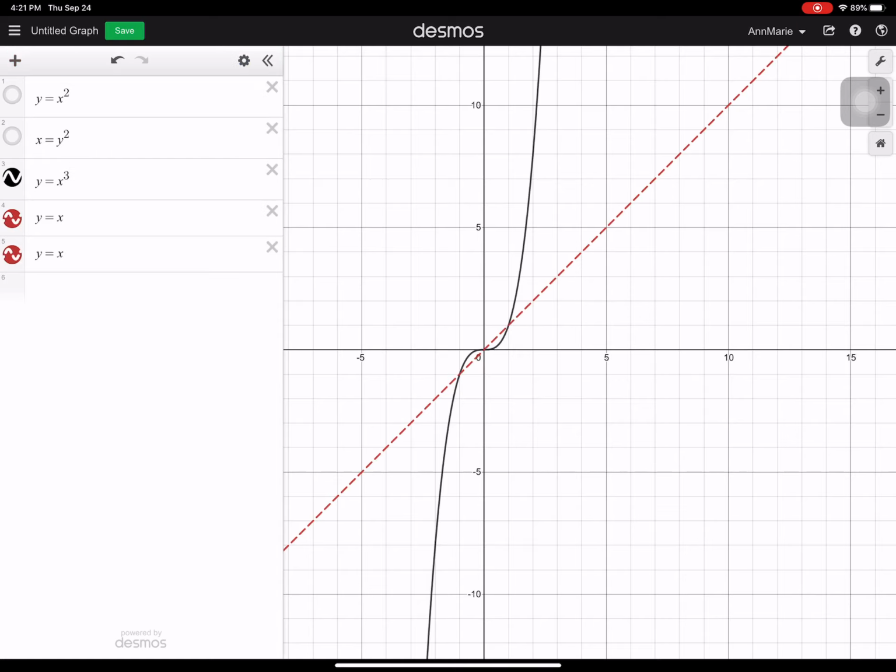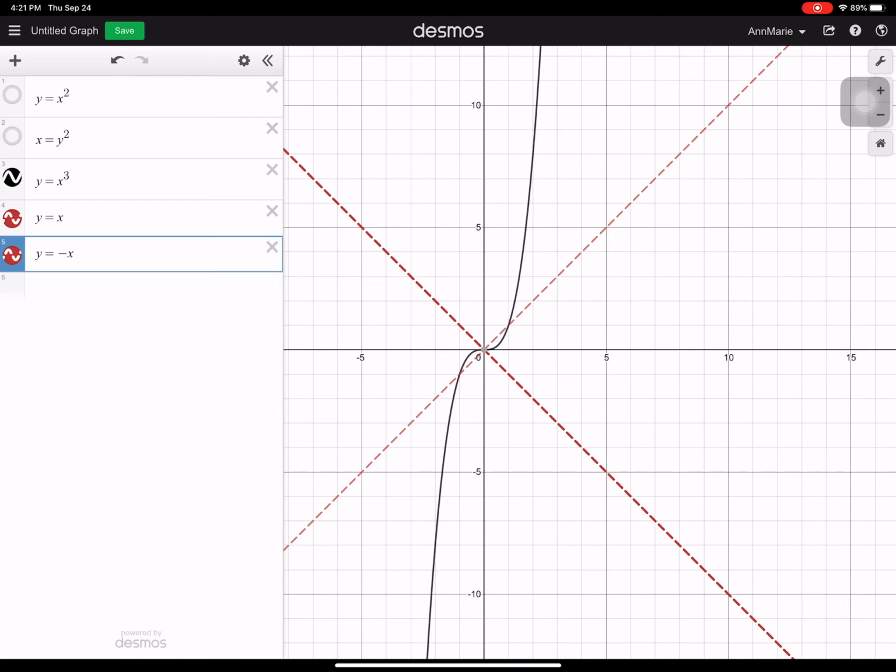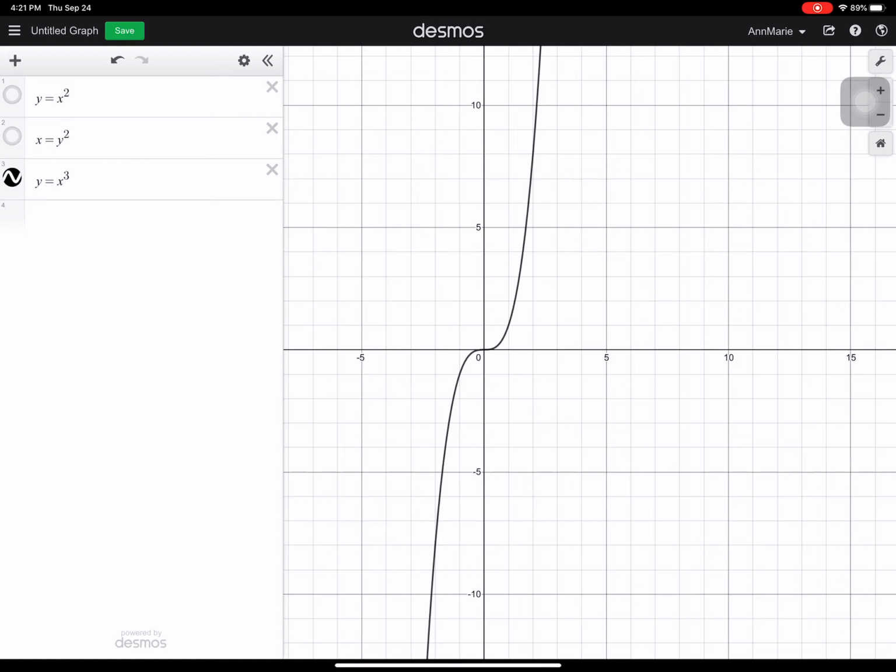That means symmetrical about the origin. So think about folding along both axes. Fold down over the x-axis and then fold along the y-axis, and your graph will lie right on top of itself. That's what it means to be symmetrical about the origin.